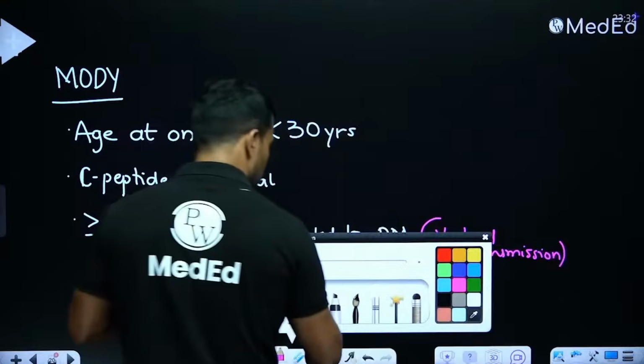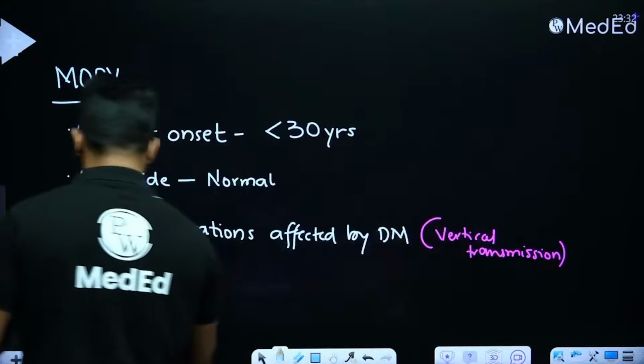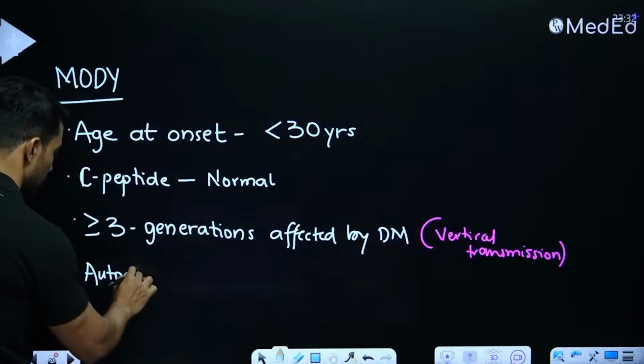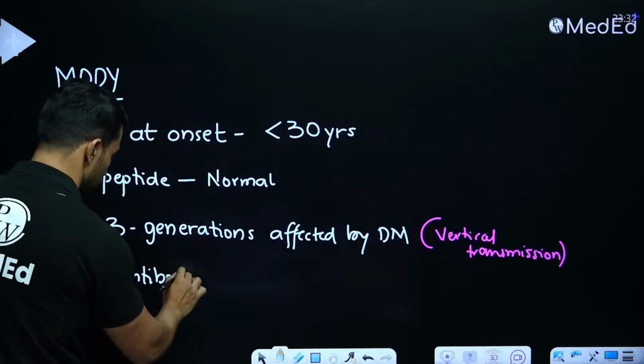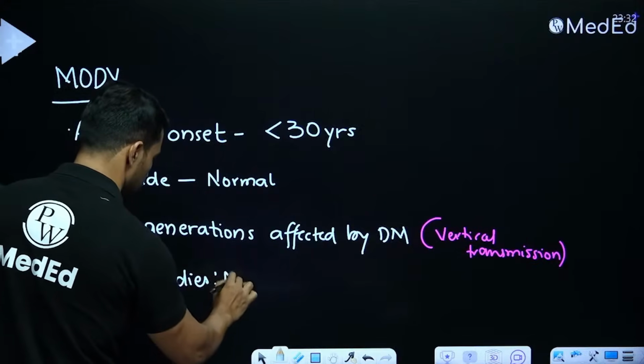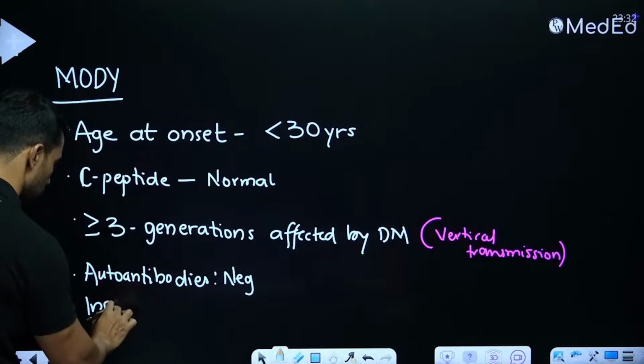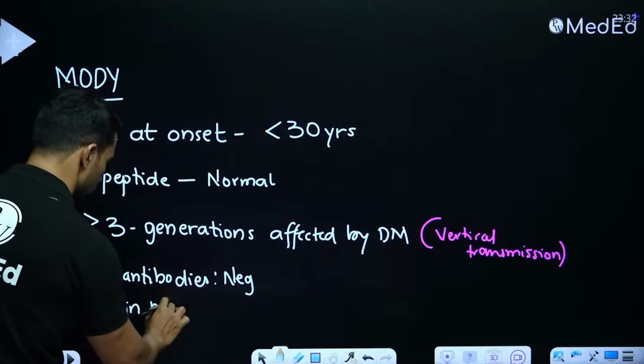And then autoantibody should be negative, and insulin resistance should be absent.